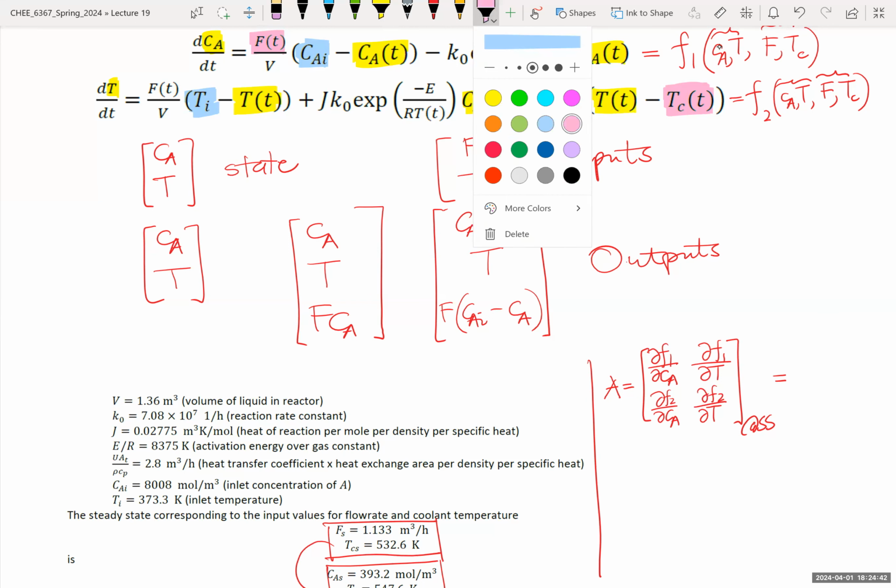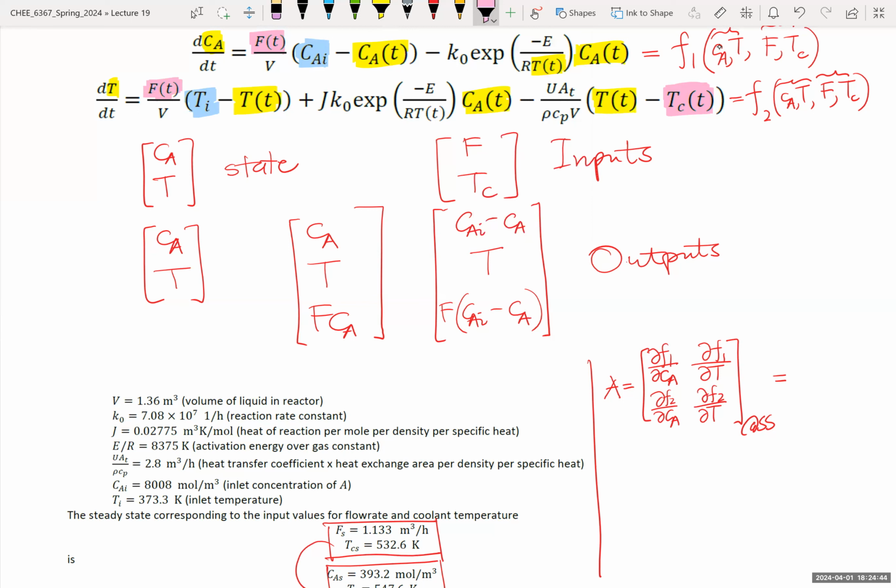So F, anything else? No. Okay, so let's take the derivatives together. So the partial of F1 with respect to CA is here, right?